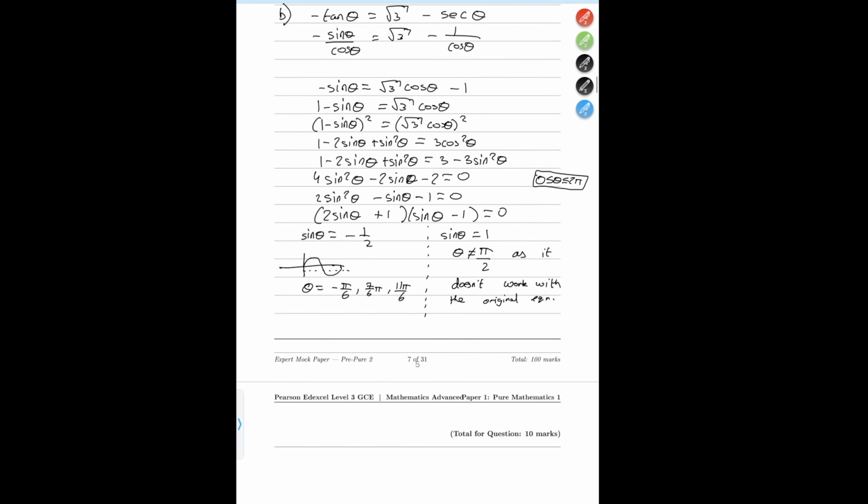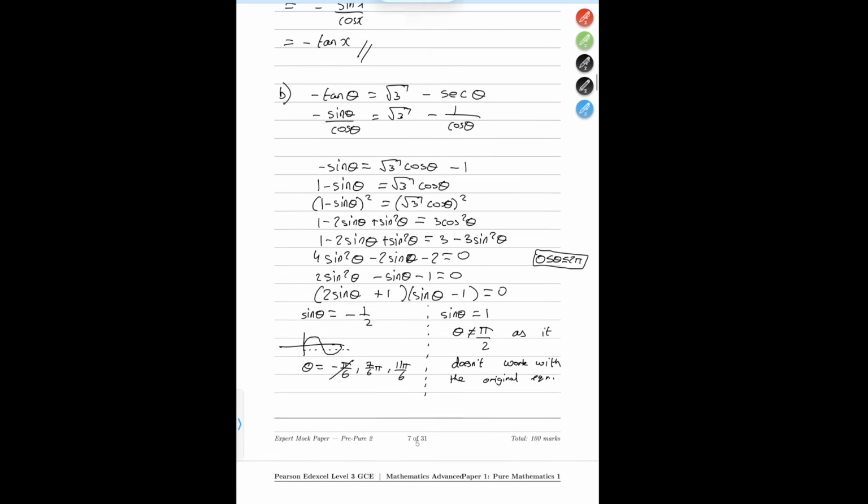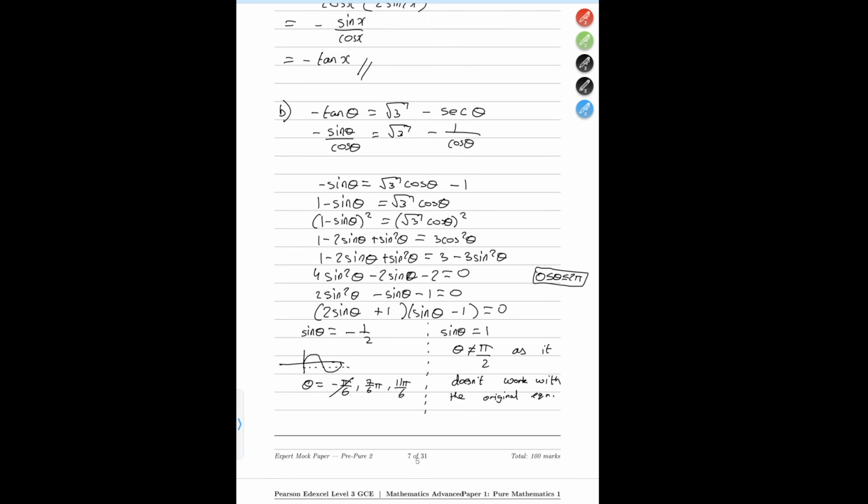Okay, so we can disregard minus pi over 6 because that's not in our range. We know 7 over 6 pi and 11 pi over 6 are within the bounds. I'm going to quickly double check them to make sure that they work. So let's try minus tan of 7 over 6 pi. That gives me minus root 3 over 3.